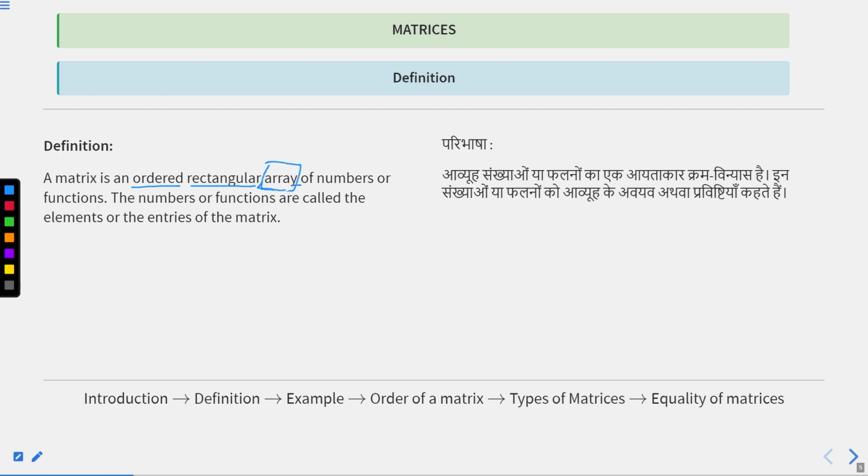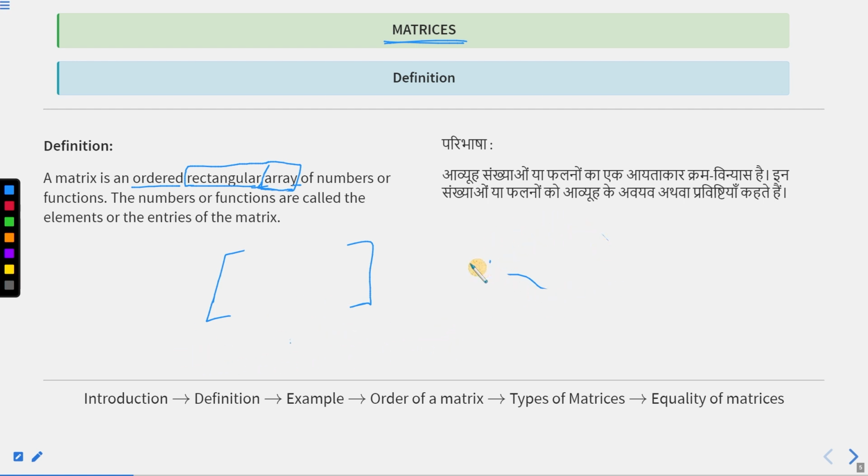Rectangular array means a collection of elements or information in a rectangular form like this. This is what your rectangular form looks like.